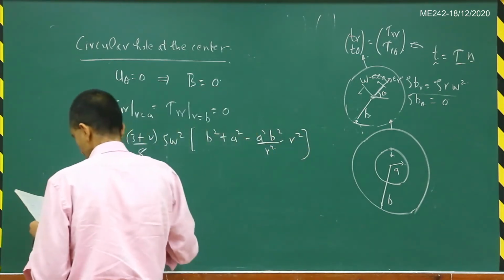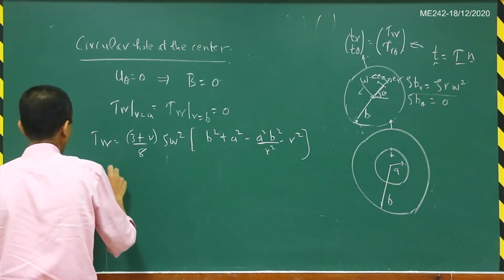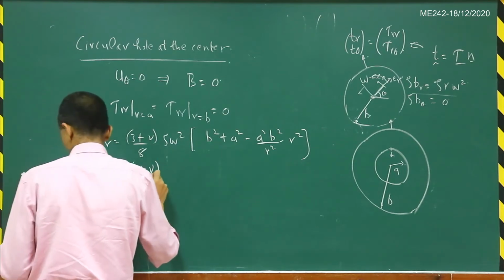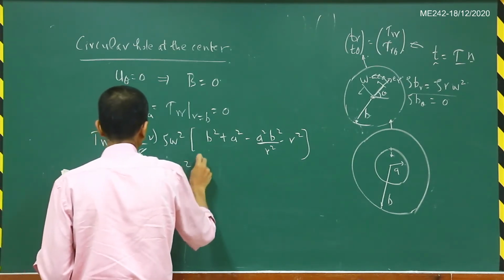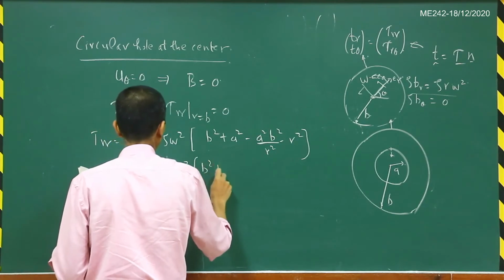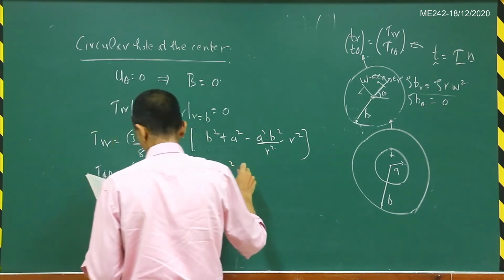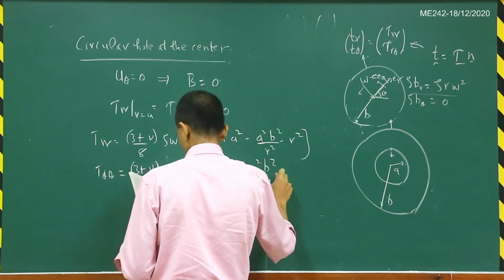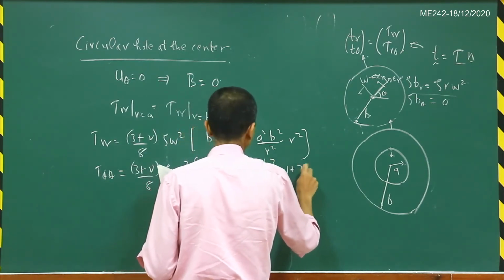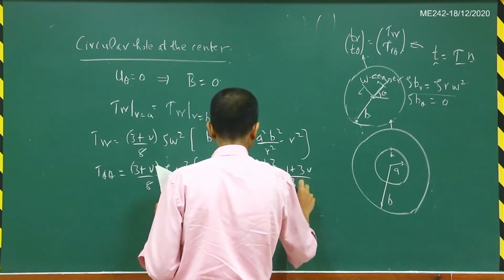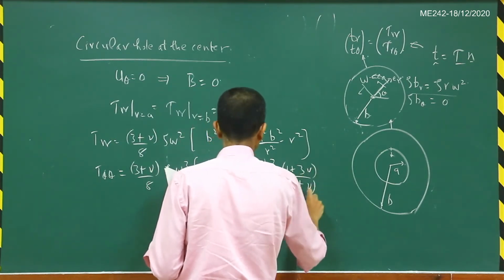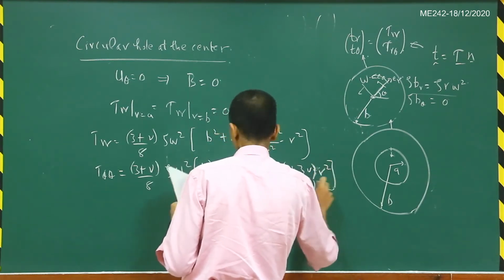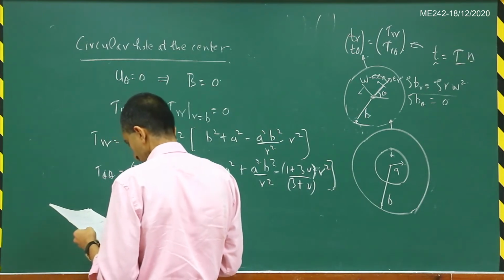And tau theta theta is equal to (3 plus mu) divided by 8 of rho omega square times (b square plus a square plus a square b square by r square minus (1 plus 3 mu) divided by (3 plus mu) times r square). So this is the expression that you will get.